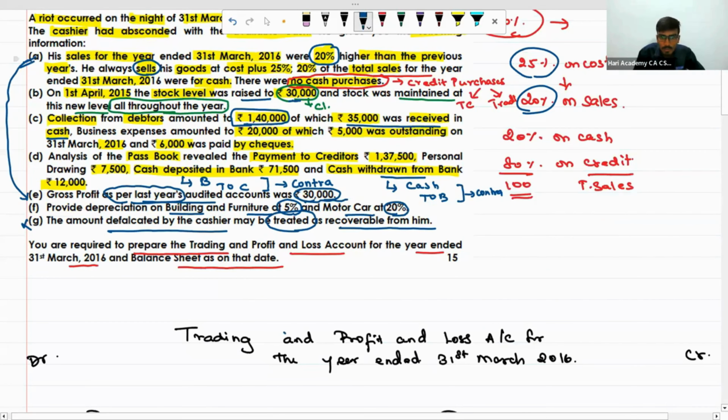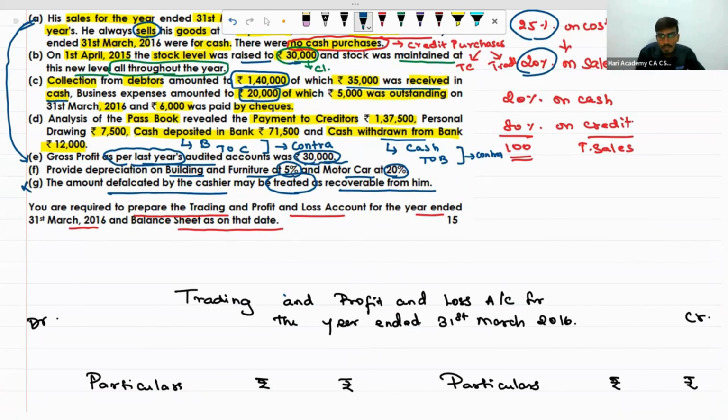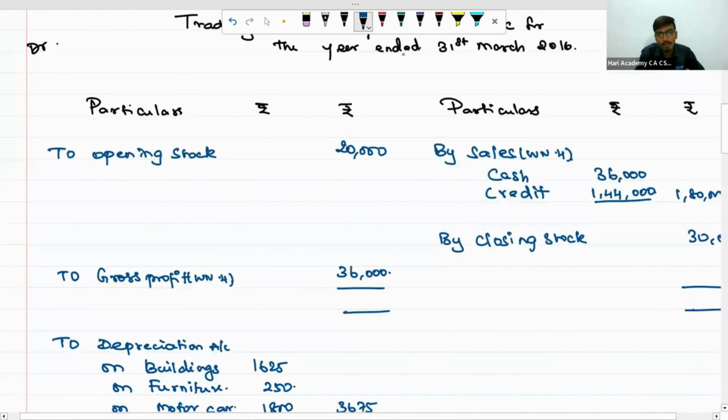Business expense amounts to 20,000. It is a business expense, correct? Of which 5,000 was outstanding on 31st March 2016. How are we going to present it?